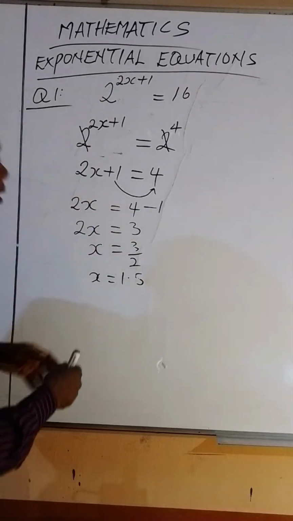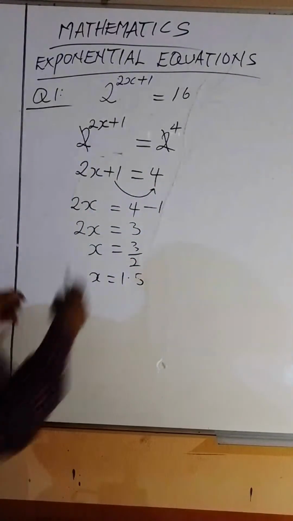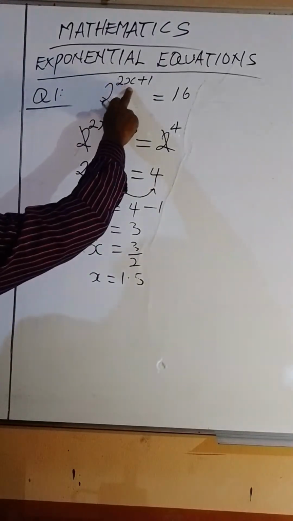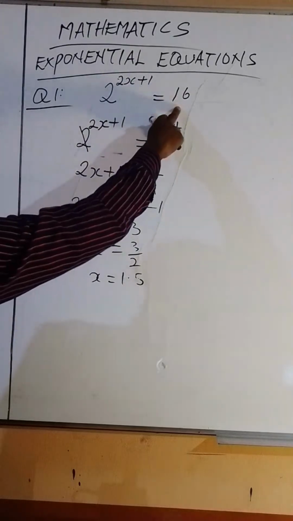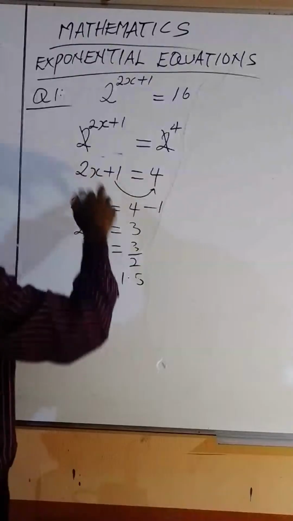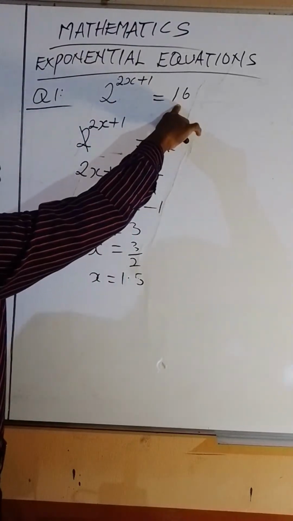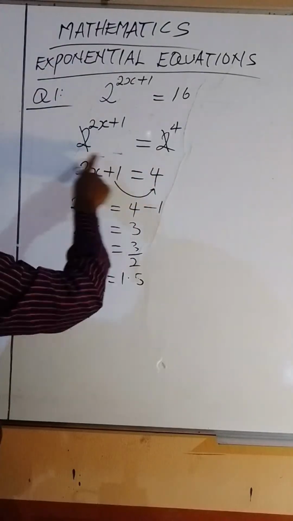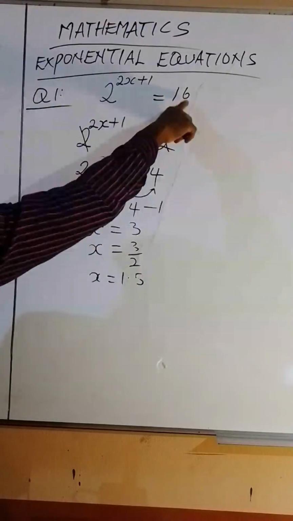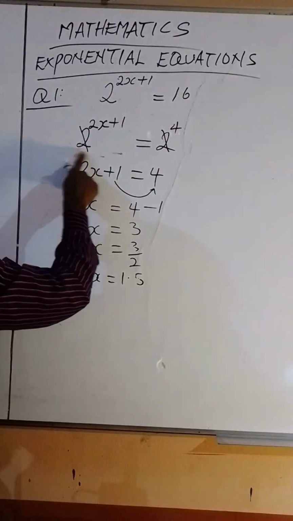So let's go back and review what we just did in a few minutes. Here we are given 2 raised to 2x plus 1 equals 16. What we are simply going to do here is to rewrite this and look for a number that can be used as the exponent of 2 to get 16. The reason is because we have to equate the bases.